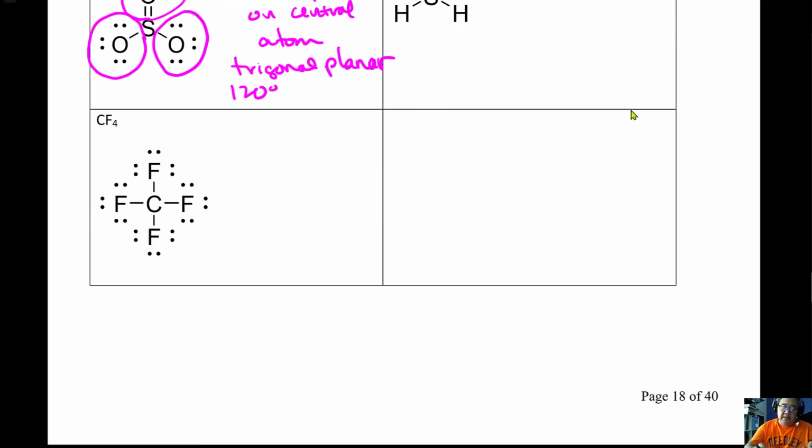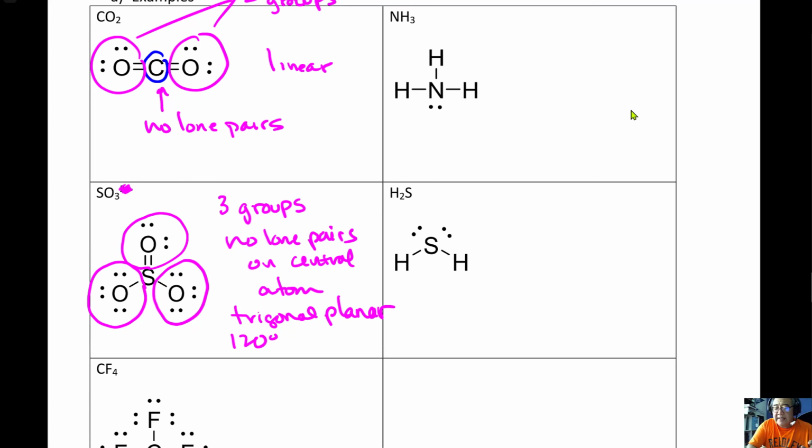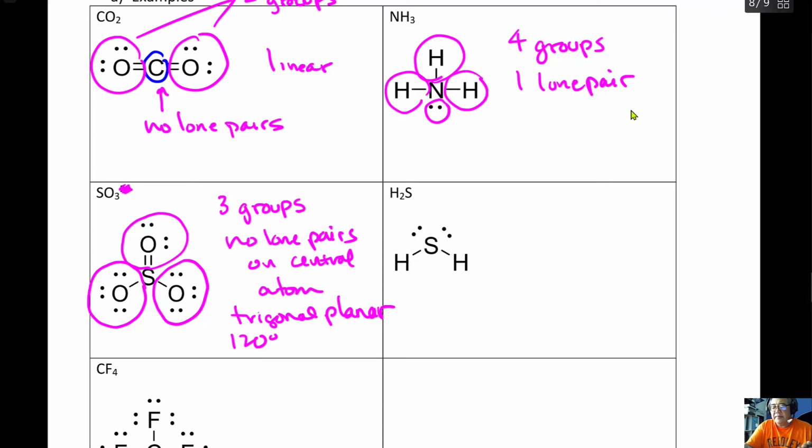Let's take a look at this one, NH3, right? This is a group, this is a group, this is a group, and this is a lone pair on the central atom. And so this becomes 4 groups, 1 lone pair on the central atom.